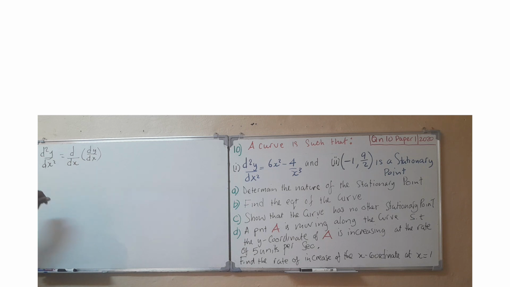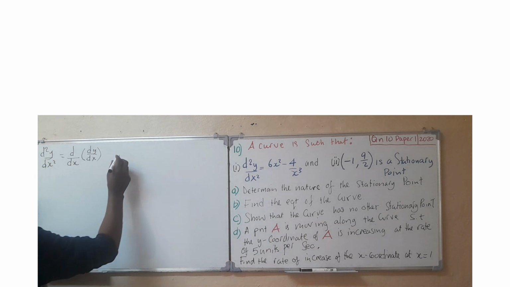So if we are given the second derivative, how do we get back our dy/dx? We simply integrate that, because integration is the inverse of differentiation. So here we are given this, and we want to go back to that, so we must integrate this.